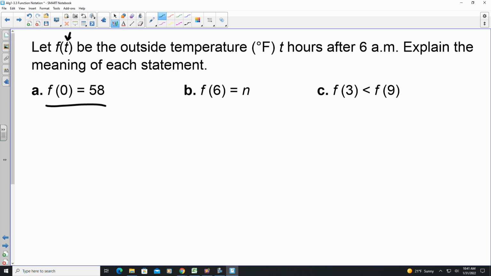T. T represented time. How many hours? 0 hours. So 0 hours after 6 a.m. So to interpret this, they're telling us that at 6 a.m. it is going to be 58 degrees Fahrenheit.